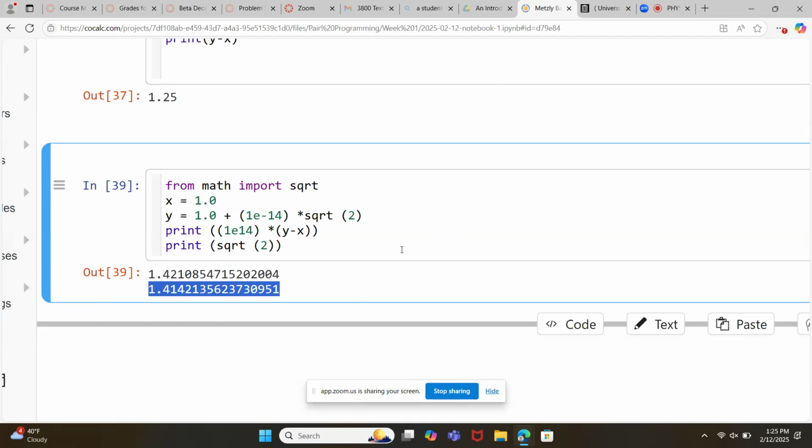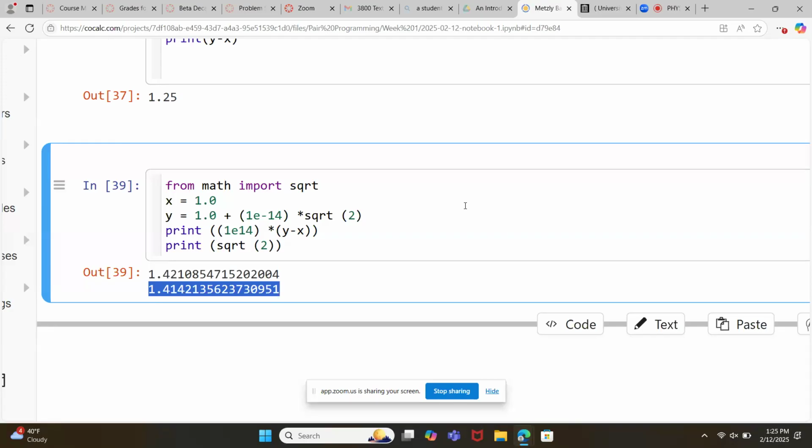Y minus x? What's that? Yeah, so it's 10 to the minus 14 times the square root of 2. Good. So that's what y minus x is.